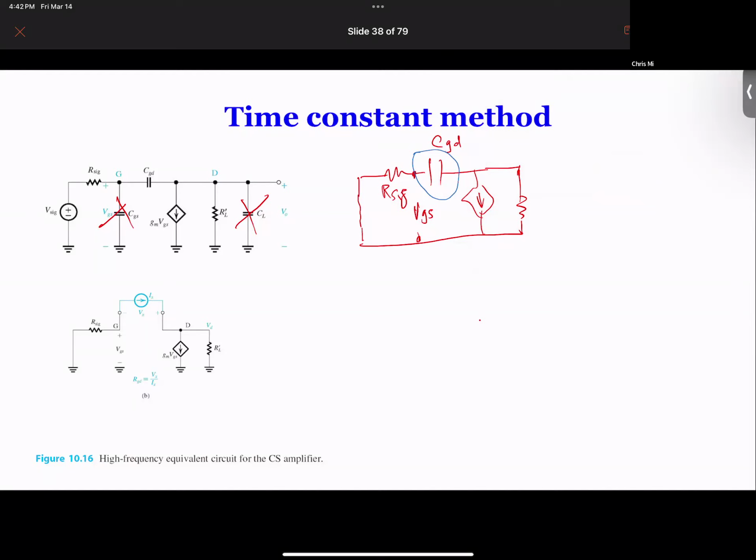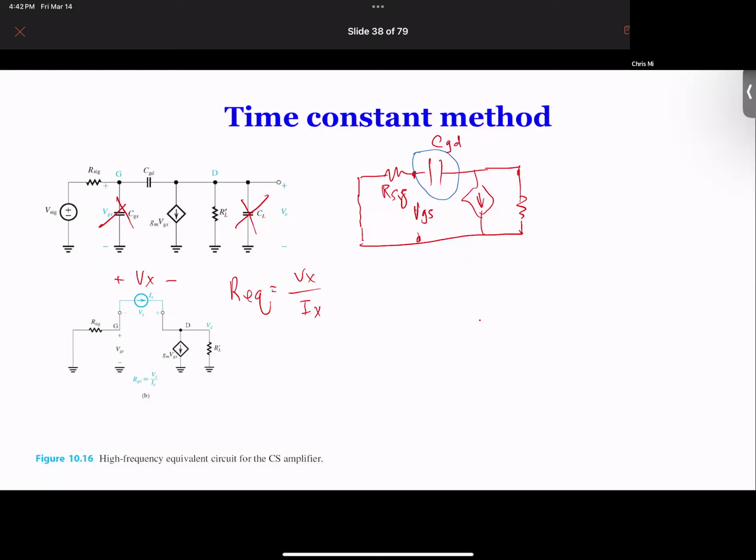In this book, we put a current source. If we replace that with a current source, we can find the voltage across here. So if we have Ix and Vx, the equivalent resistance will be equal to Vx over Ix. So that's how we find it.